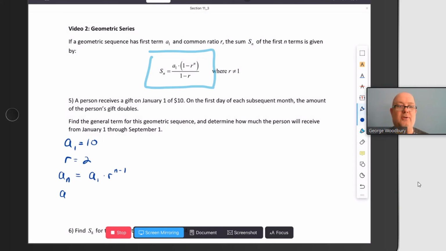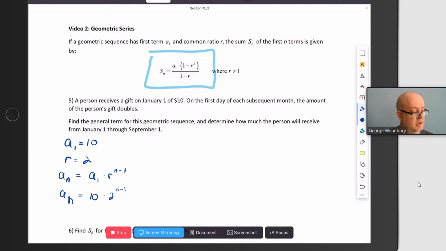So here, a sub n would be 10 times r to the n minus 1 power. I'm sorry, that should be 10 times 2 to the n minus 1 power.